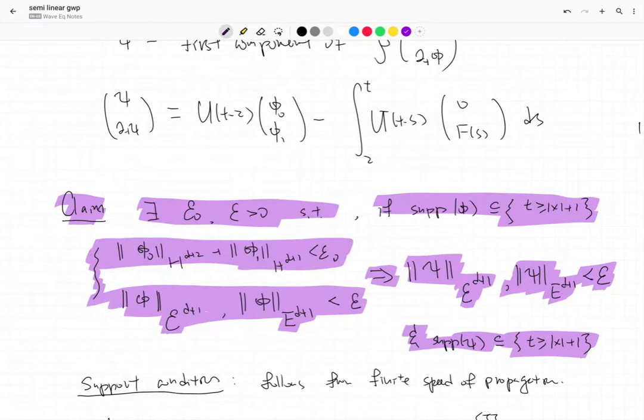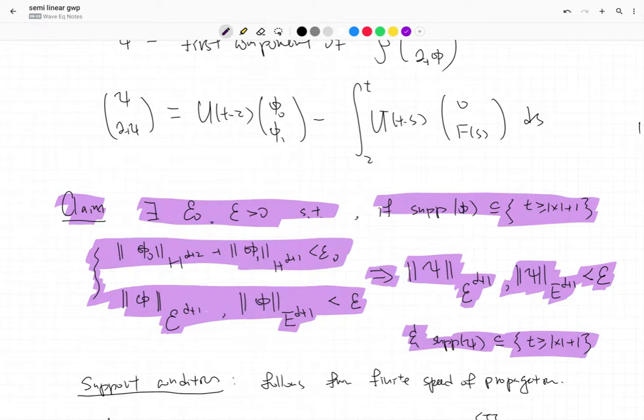And we're going to assume that the phi we're looking at, remember, at this point we're looking at a contraction mapping argument, is just a putative solution. This phi has nothing to do with the initial data right now. Phi is just some space-time function, and we're going to try to show that within the class of space-time functions there exists a solution. So phi has nothing to do with phi naught and phi 1. We're just going to say that phi is some arbitrary thing such that phi in the curly E norm and the regular E norm are both less than epsilon.